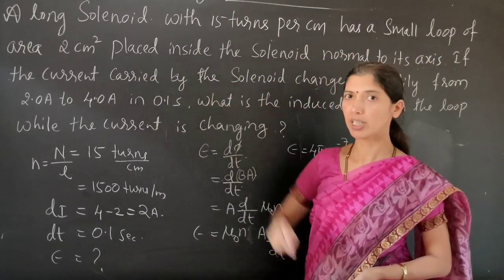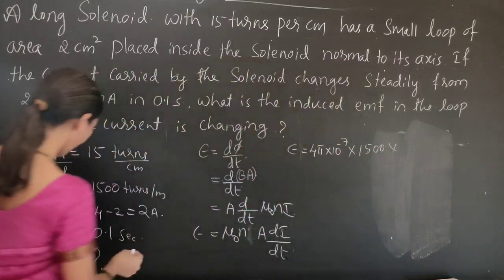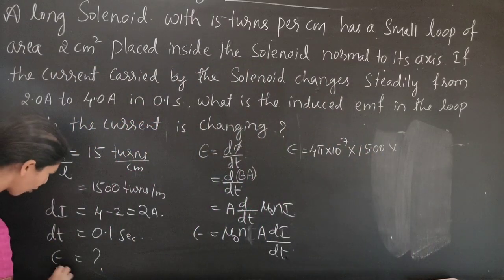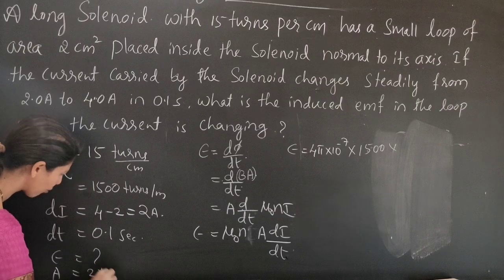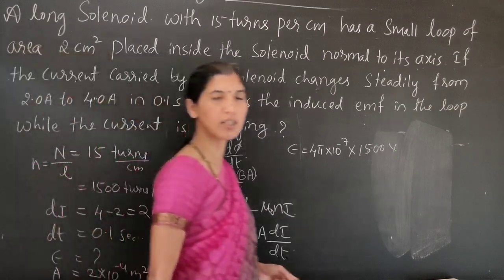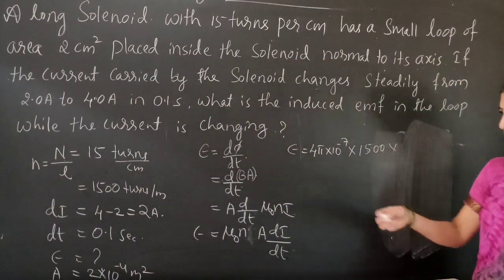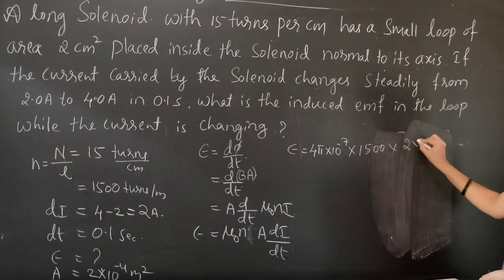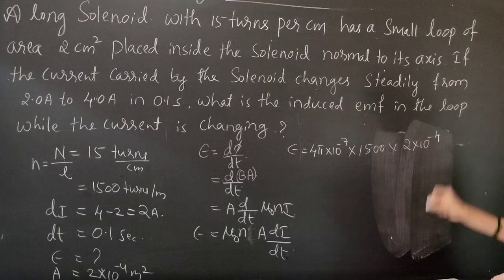Area of the loop is 2 centimeter square, that I have not written. So area A is equal to 2 centimeter square. It is 2 into 10 raised to minus 4 meter square. I write here 2 into 10 raised to minus 4 meter square.